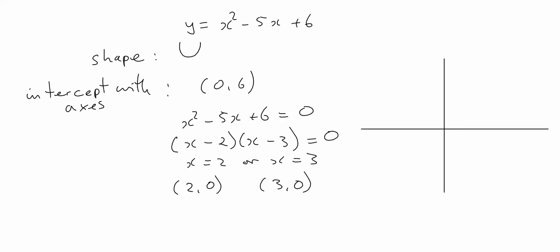Sketch a curve with those characteristics like this, so you can get a nice shape without trying to draw the curve through particular points, and then indicate the values where it crosses the axes, 6, 2 and 3. And that's all you need to do. We should label our axes y and x as well.